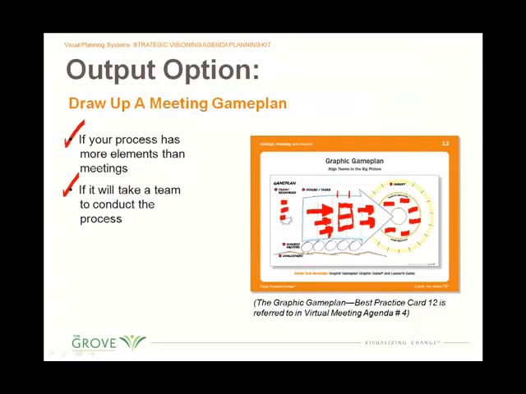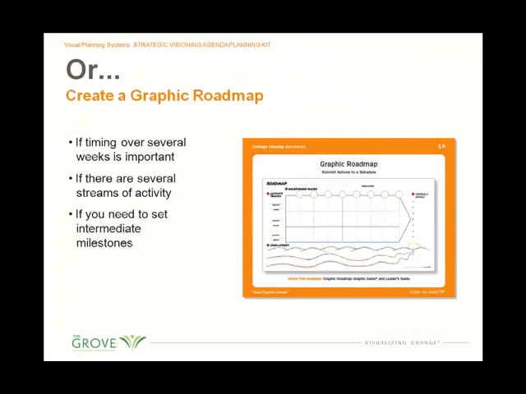If you're doing a visual virtual meeting, you may well be doing this over a series of weeks or even months. And if timing over several weeks is important, and if there's several streams of activities, and you need to set intermediate milestones, then this format is probably better to use than the graphic game plan. And this one just is really a large calendar matrix.